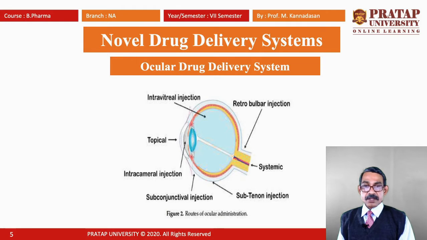After that, subconjunctival injections, where the drug is injected through the conjunctiva. Followed by intracameral injection, the arrow mark indicating the anterior chamber, where the injection goes near the lens.